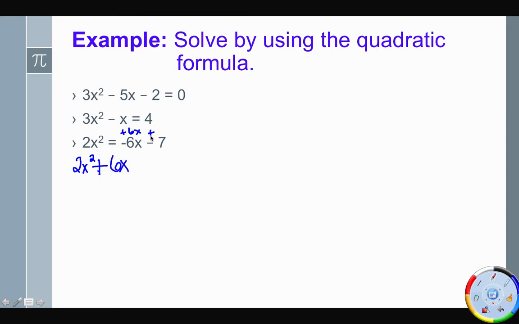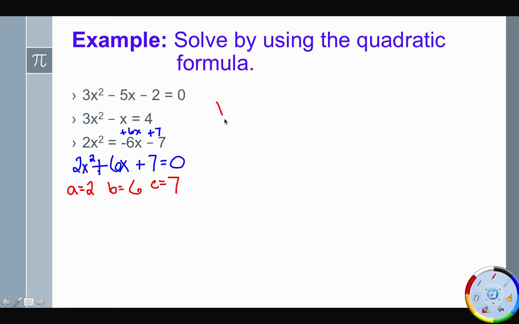And if I add 7, I get plus 7 equals 0. All right, so again, we're going to do the same kind of thing. We're just going to point these things out. We have a is equal to, sorry, not 3, a is equal to 2. b equals 6. c equals 7.